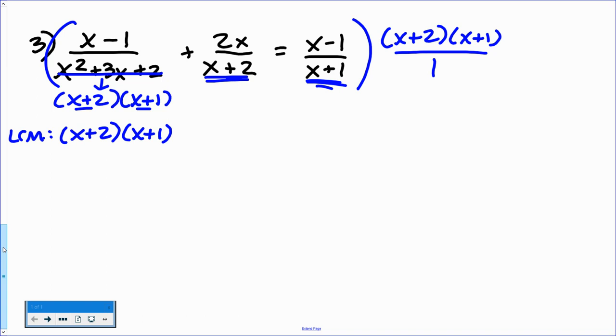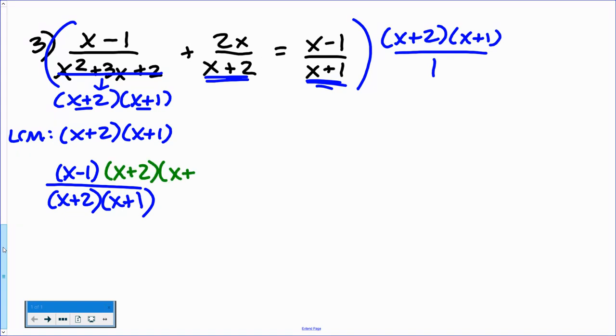So starting with the first fraction, I have x - 1 over x + 2 and x + 1. That's the original fraction. What am I multiplying by now? I'm multiplying by x + 2 and x + 1. My next fraction is the 2x over x + 2.